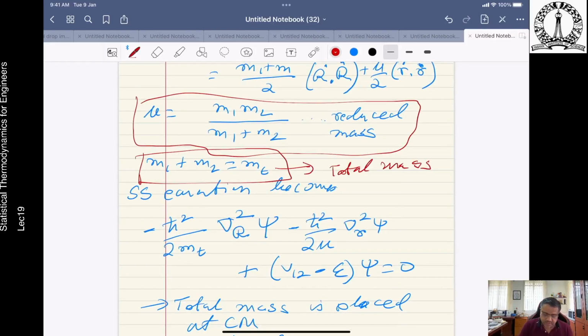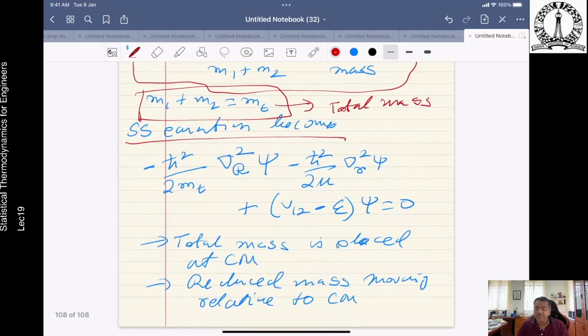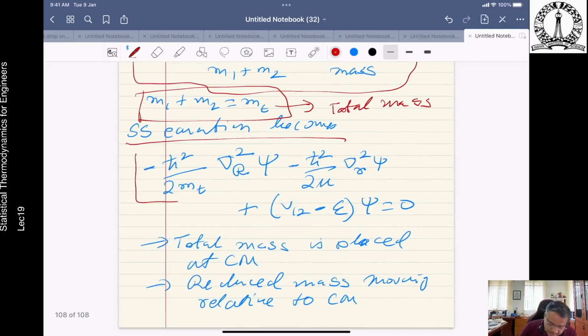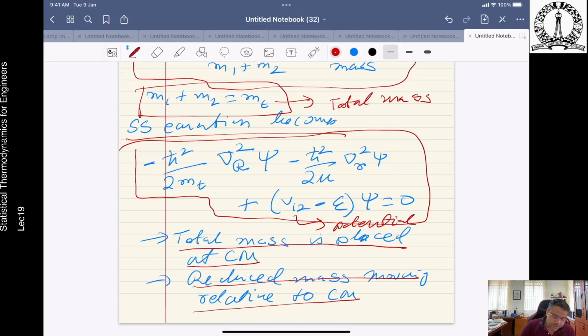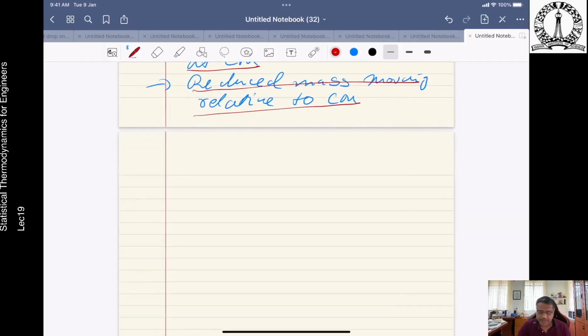So the steady state version of the wave equation becomes this. Remember, V12 is once again the potential. The total mass is placed at the center of mass, and the reduced mass is moving relative to the CM. These are the two natural outcomes of this analysis, right?